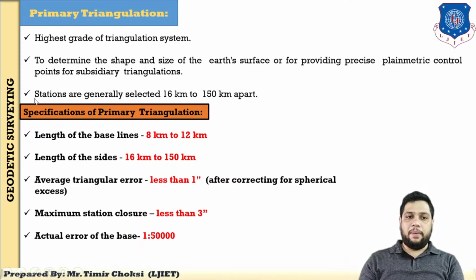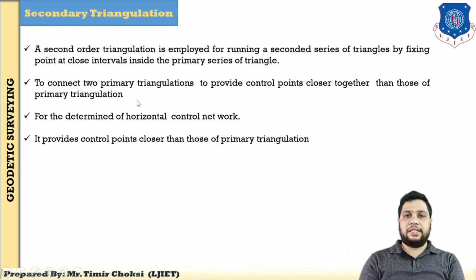So this is about primary triangulation, the first classification. Now the second, secondary triangulation. The classification is based on the accuracy required.